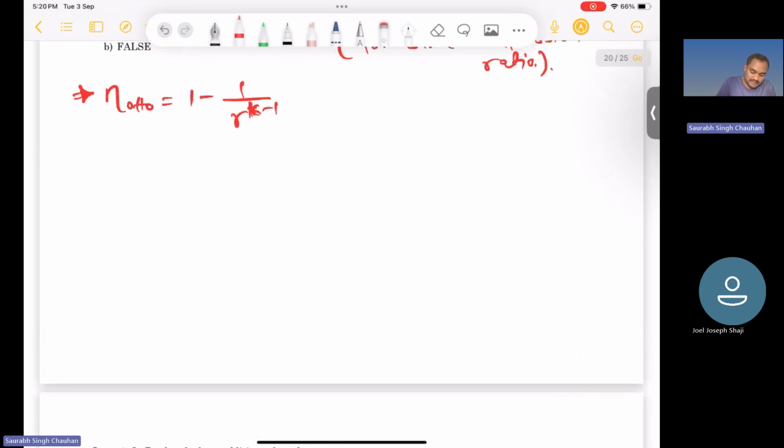Let us write it as gamma: 1 minus 1 divided by r to the power gamma minus 1. This is for Otto cycle. Similarly, there is an expression for efficiency of diesel cycle. So what is that? For diesel cycle, it is 1 minus r to the power... I will try to make r and gamma a little different so there is no confusion.